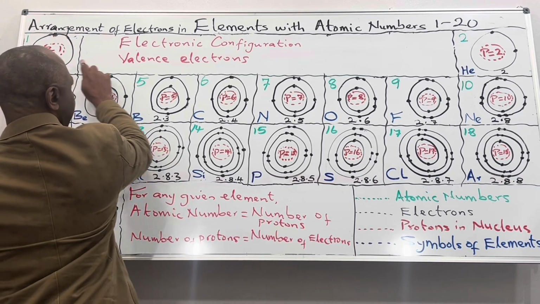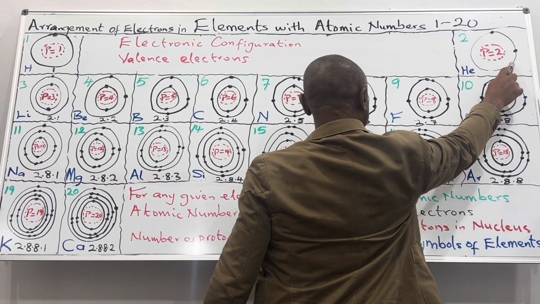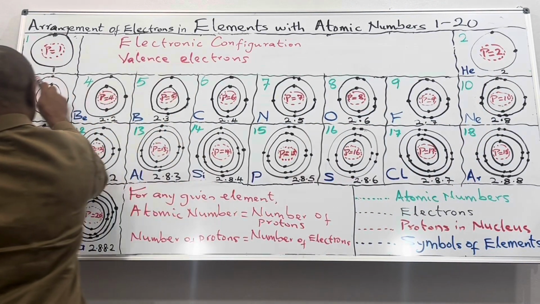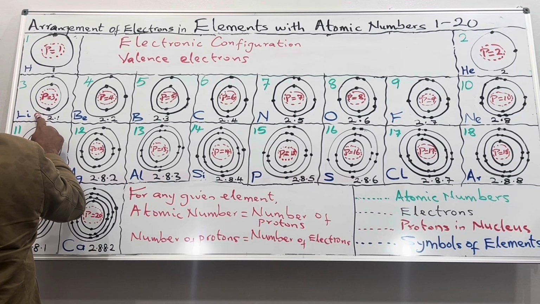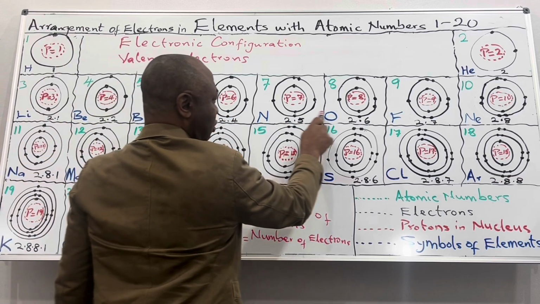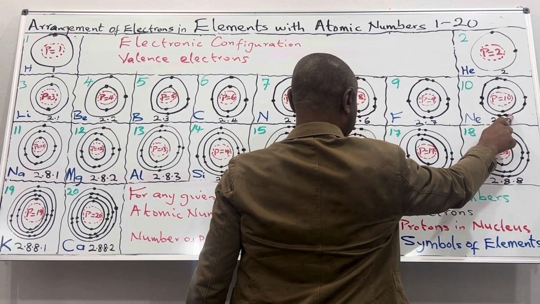Now here, the first and only shell is complete. The cycle begins all over here with the next shell, and you move on. There, the second shell is complete with 8 electrons.